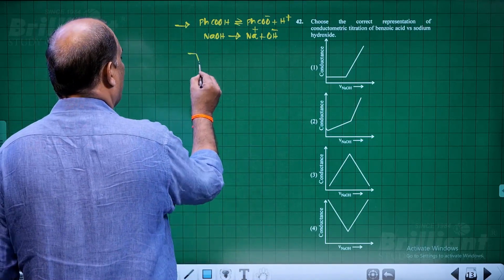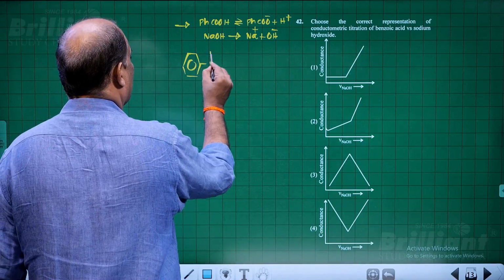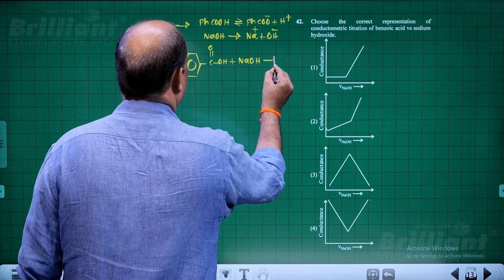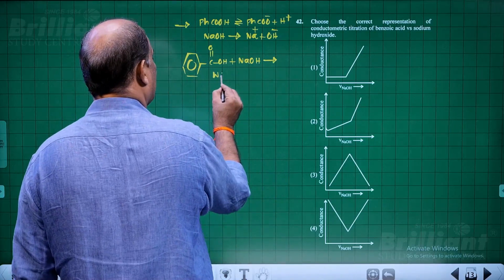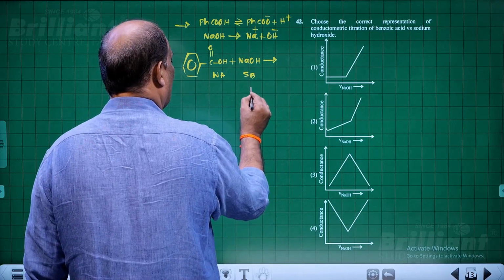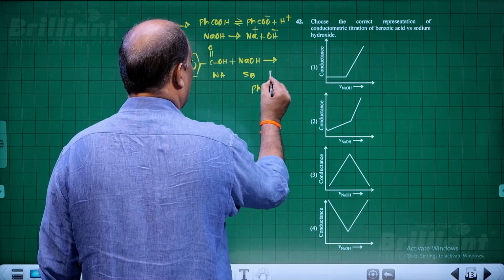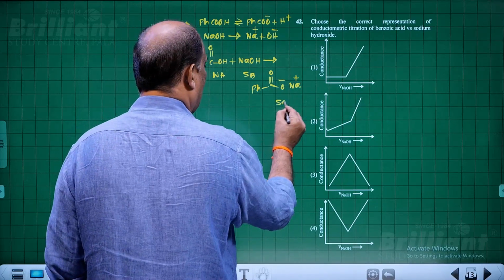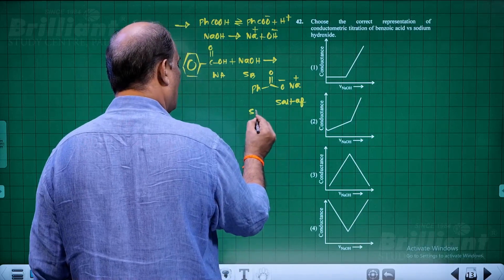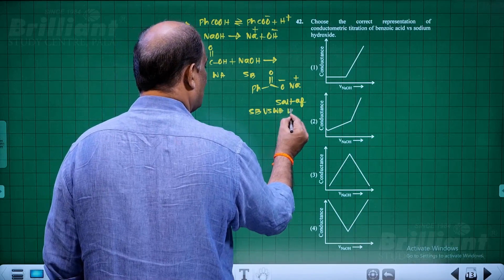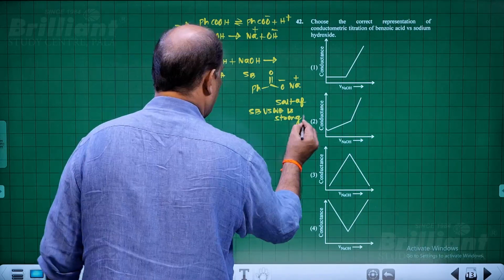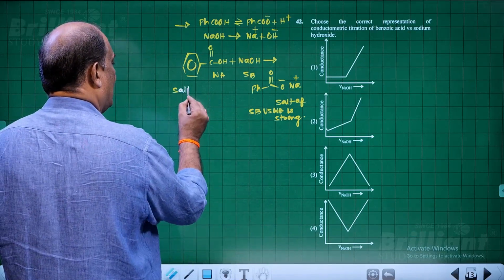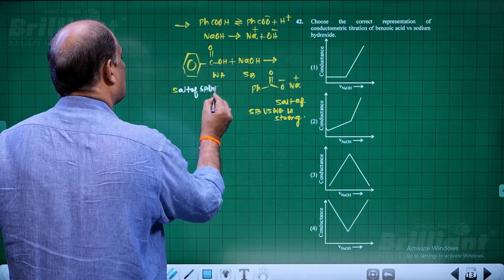Whenever you are adding NaOH to benzoic acid, the H plus ion of this weak acid reacts with this strong base, and we are going to have C6H5COO minus Na plus, which is simply a salt.